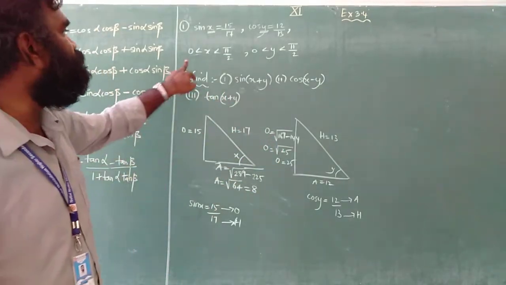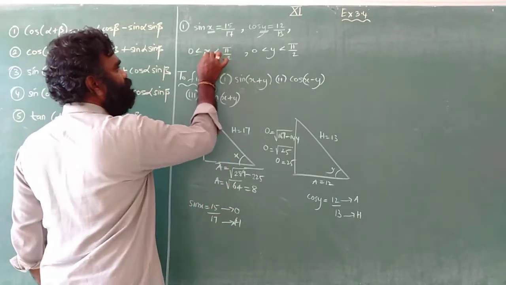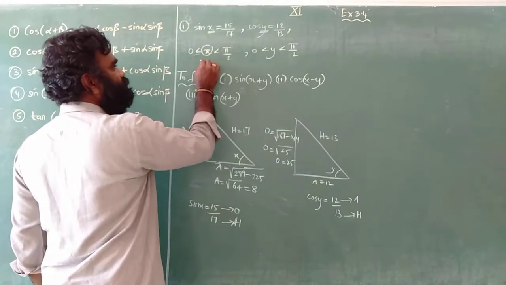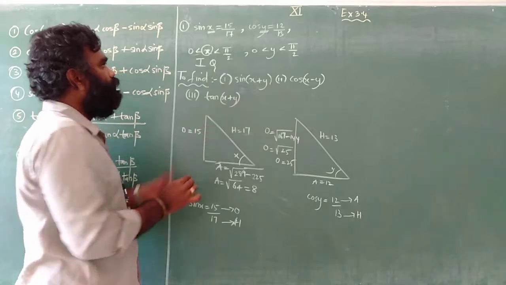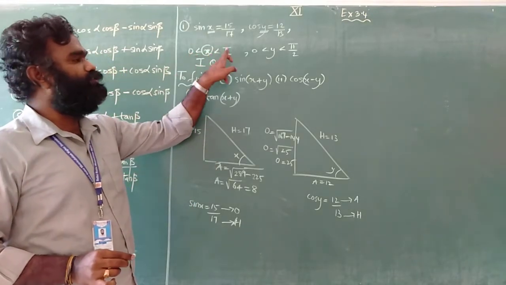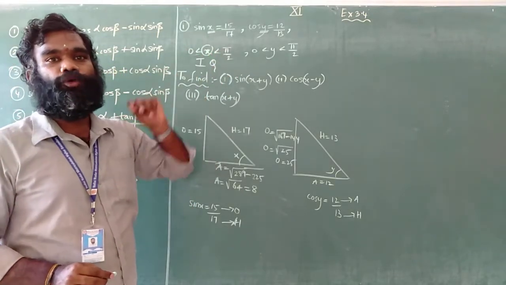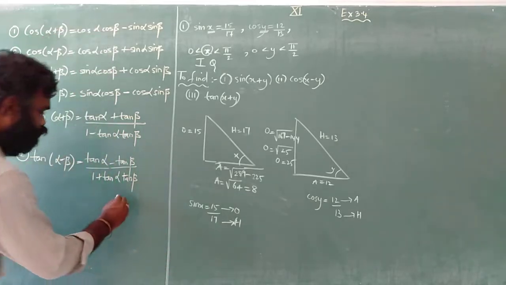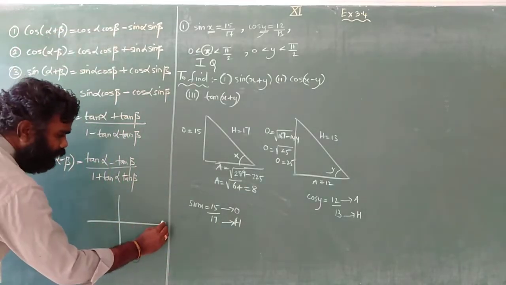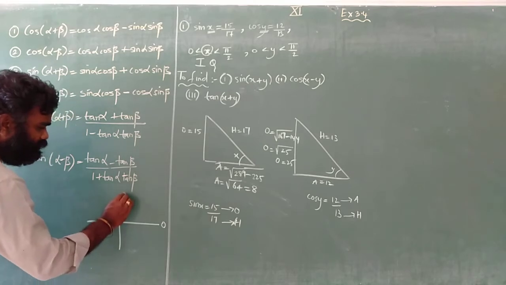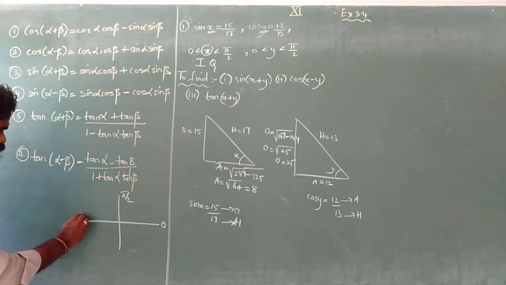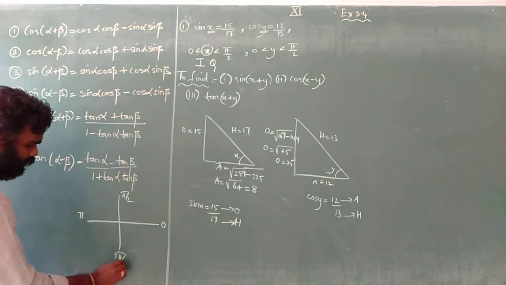But what do we want to do? See this angle x: it lies in the first quadrant, 0 to pi by 2. You know this is 0, this is pi by 2, this is pi, this is 3 pi by 2.